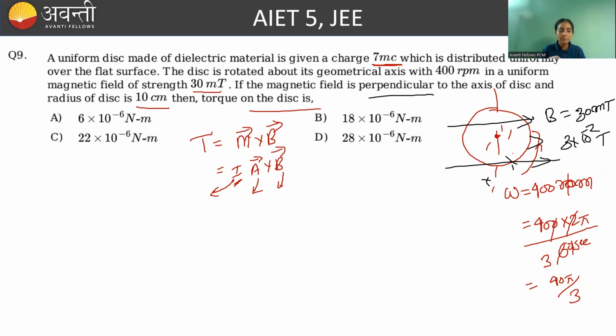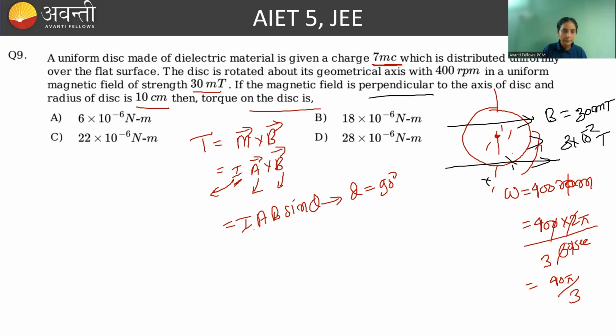So the angle between area vector and magnetic field is 90 degrees. If I write I A B sine theta, then theta is 90 degrees, so this will become I A B. B is known, area is known, I need to calculate I. But can I plainly calculate I and write it? Let's see how we will do that.